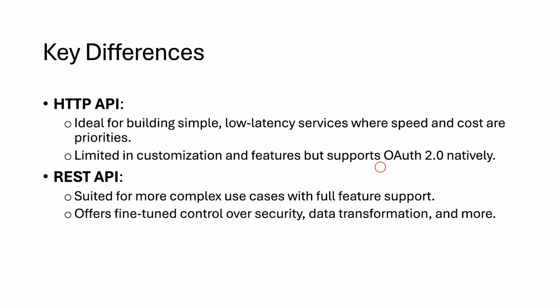On the other hand, REST APIs give you a complete toolset with advanced security options, data transformation capabilities, and the ability to set quotas and usage limits through API keys and usage plans, right? So REST API is suited for the most complex use cases with full feature support, and it offers fine-tuned control over security, data transformation and more, right? Usage plans and monetizing your APIs.